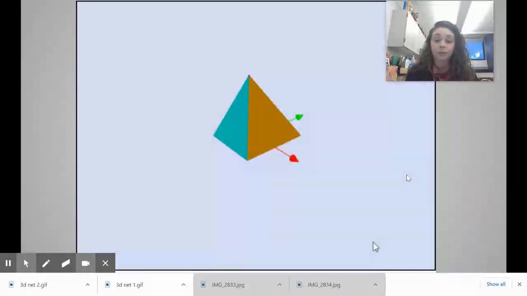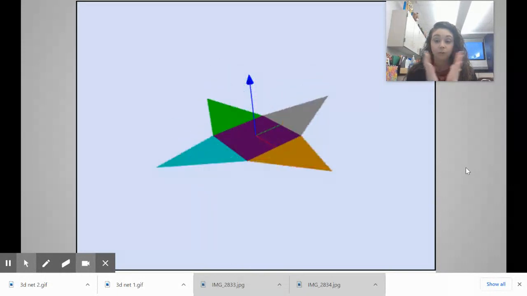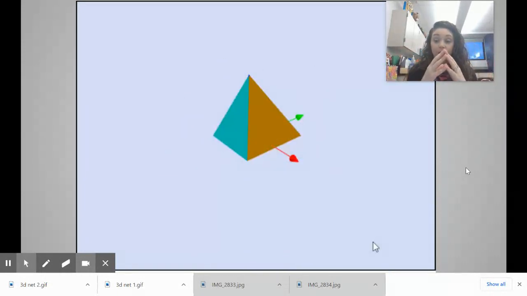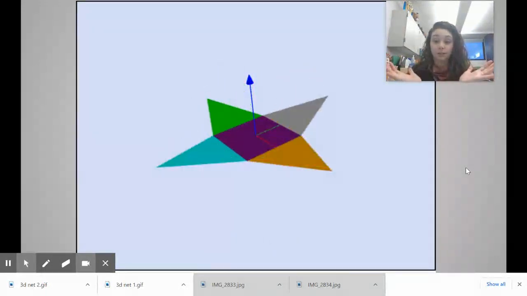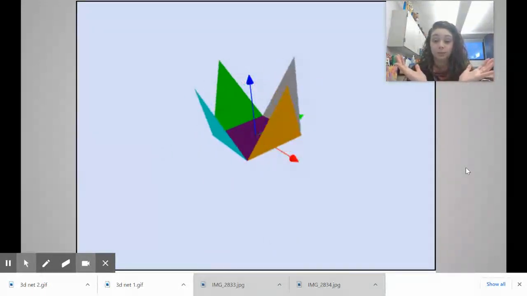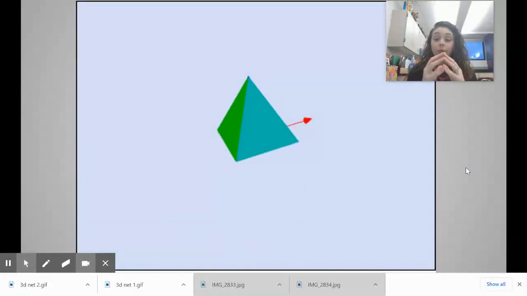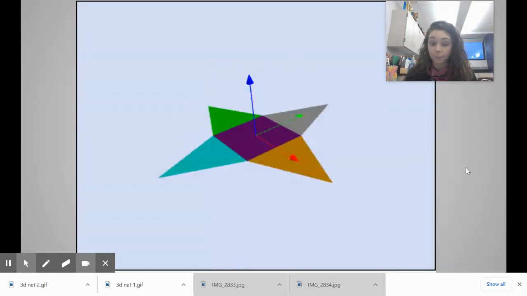This next one is a net of a square pyramid. It's going to open up to the net, and then it will close back up to that 3D shape. So once it's unfolded, that 2D pattern is the net, and it will fold into a 3D shape.